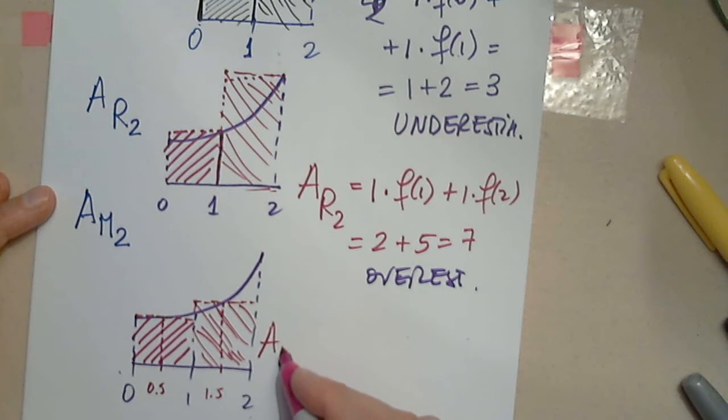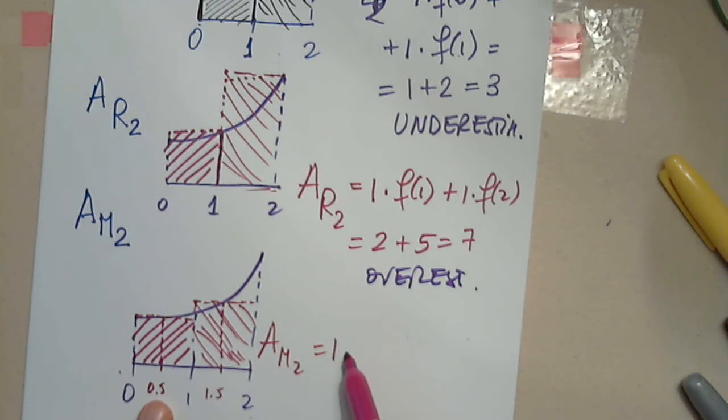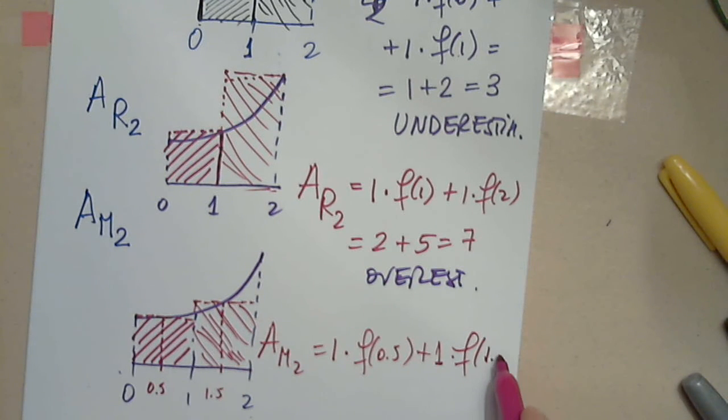So the area M2 is base, still 1, times height, but that is f of 0.5, plus base, still 1, times f of 1.5. So let's see what we get.